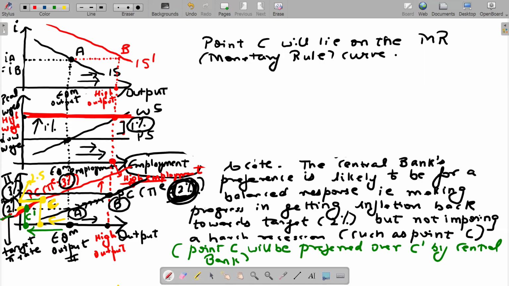The central bank is going to choose point C on the MR curve, which is the way the central bank best responds to the new Phillips curve.